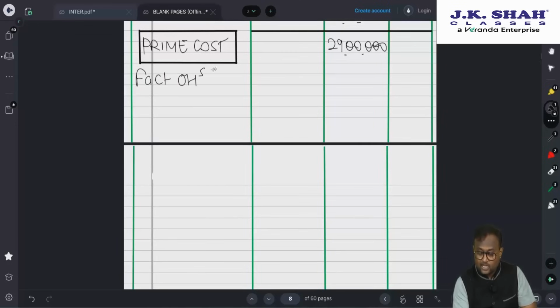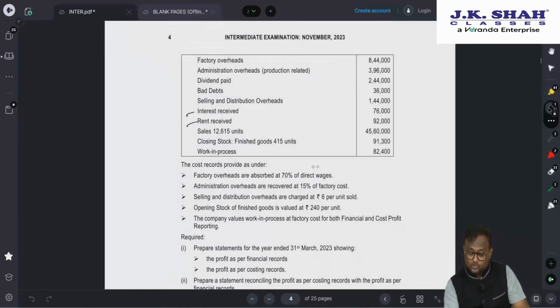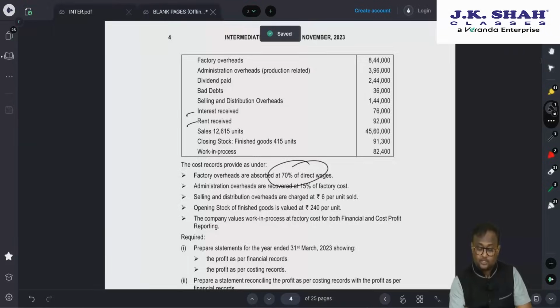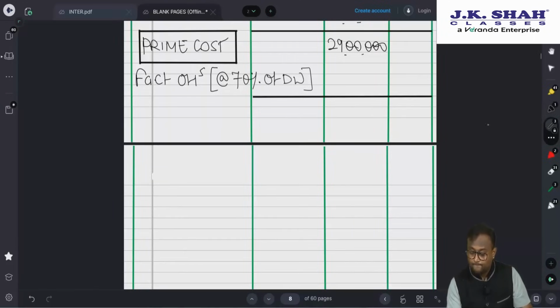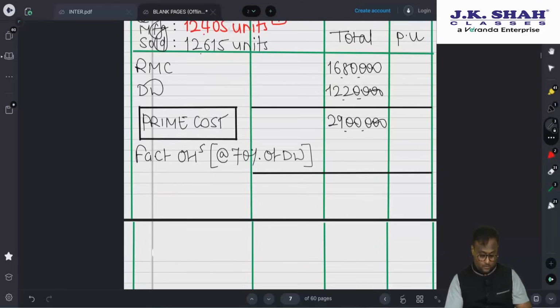For factory overhead as per cost records, they have clearly specified it should be 70% of wages. 12,20,000 into 70% is 8,54,000.